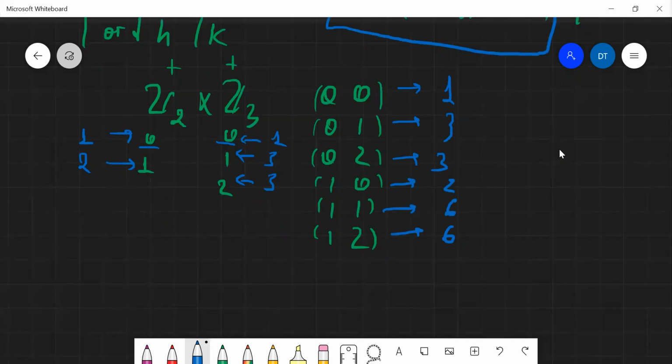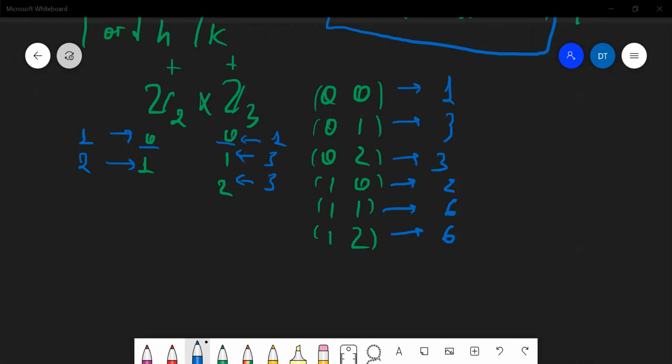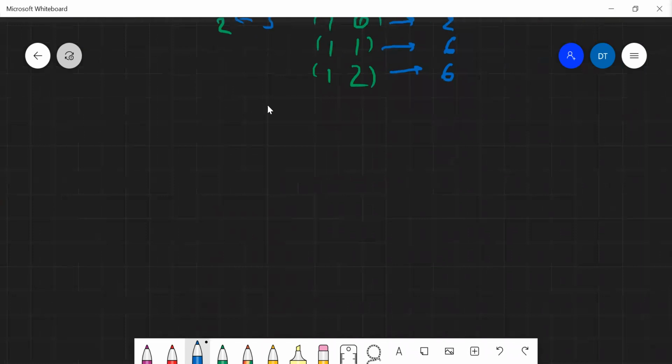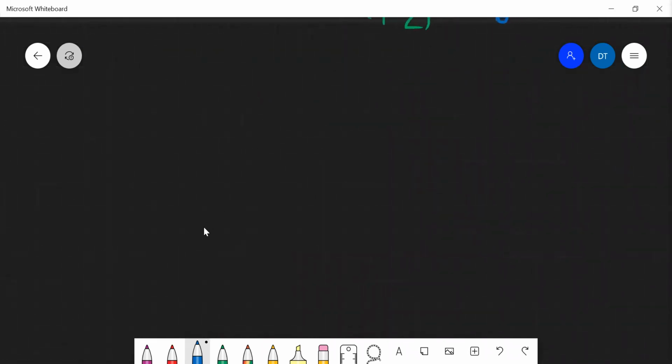Cool. Well, now I want to go to the Chinese remainder theorem, and I want to play with it a little bit, because this is one of the more important tools in this area. So what is the Chinese remainder theorem?